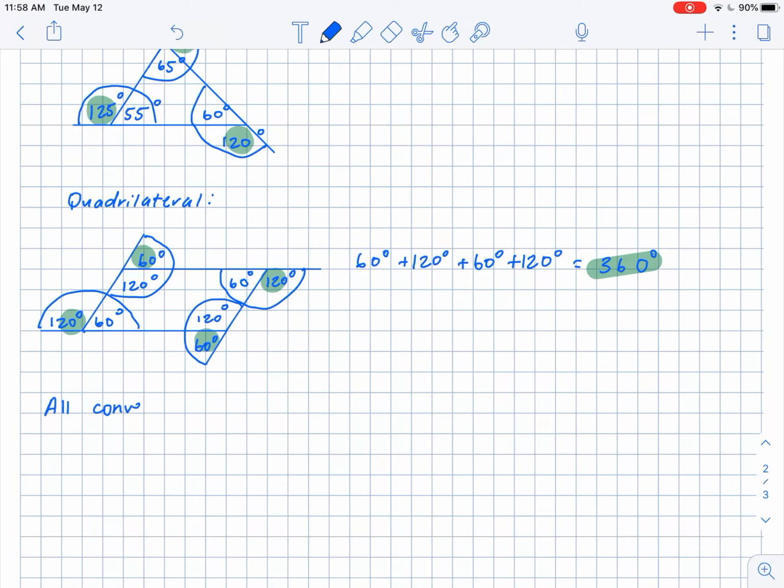Okay, so all convex polygons have a sum of exterior angles equal to 360 degrees.